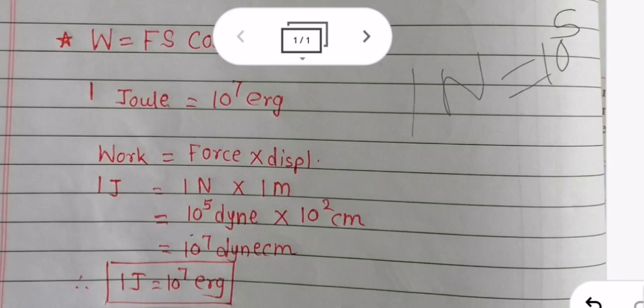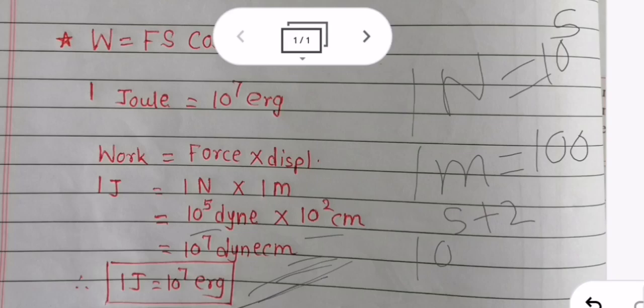So instead of Newton we write 10 raised to 5 dyne, and 1 meter is equal to 100 centimeter. So instead of meter we write 10 raised to 2. So it becomes 10 raised to 5 into 10 raised to 2. 10 raised to 5 plus 2, it becomes 10 raised to 7 dyne centimeter. Okay, so 1 joule is equal to 10 raised to 7 erg.